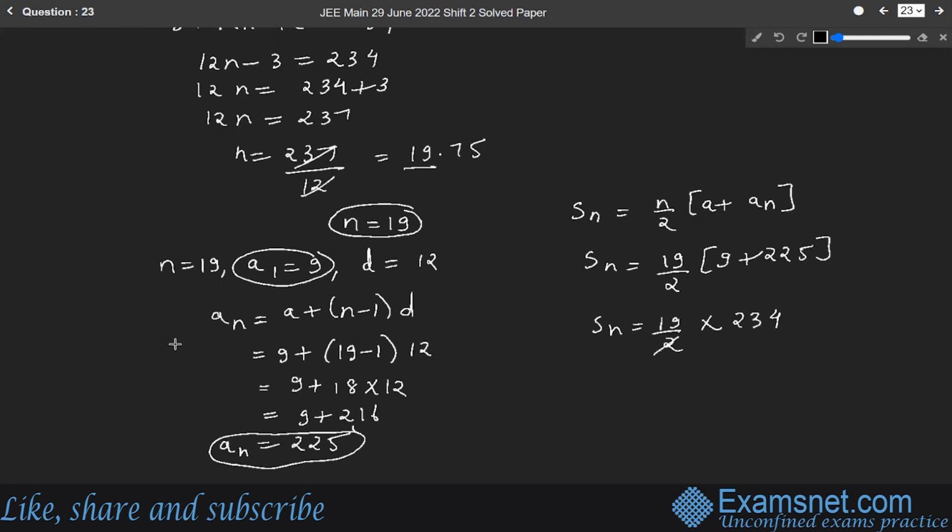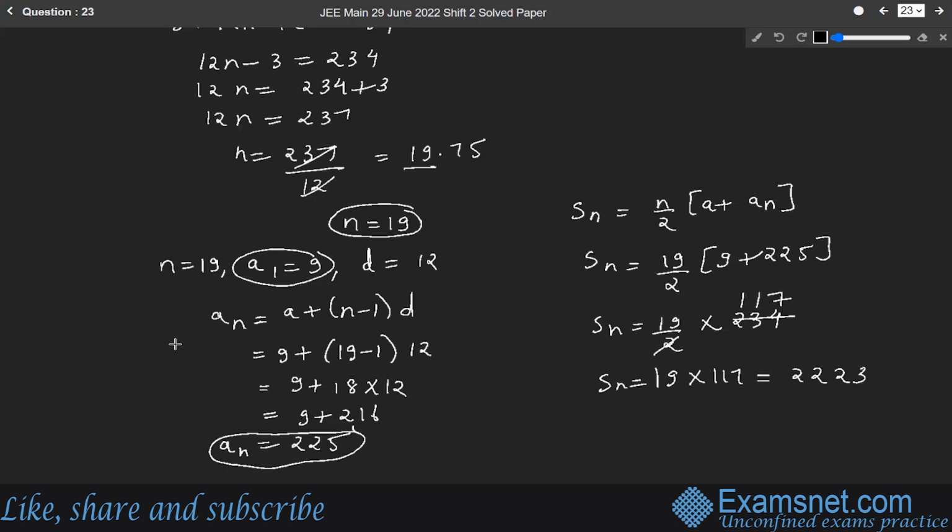So this 2 will be cancelled. 2 ones are 2, and this will be 117. When we multiply 19 with 117, we get Sn is equal to 2223. So this is the sum for all the common terms in both the series.